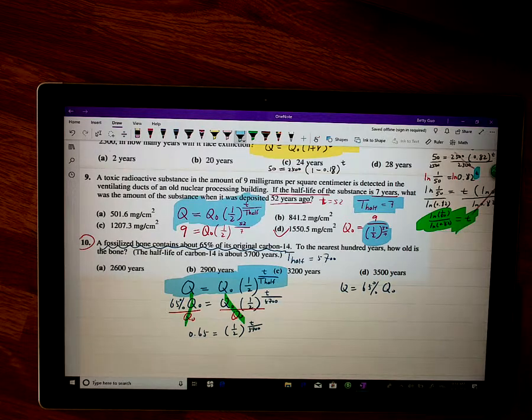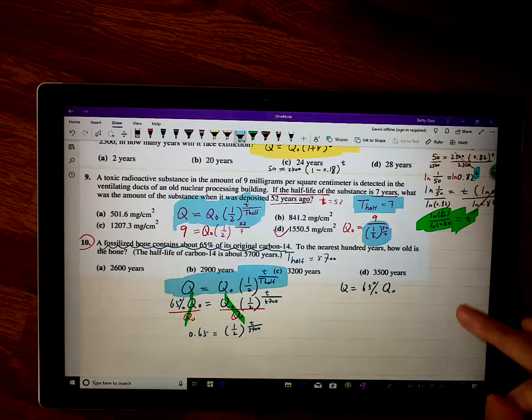We're going to try D. This time 0.5 to the power of 3500 divided by 5700. Let's see what you have. You have 0.65, 3366, and so on. Turns out D, 3500 years, that value satisfies the equation the best. That's how you figure out this kind of problem.